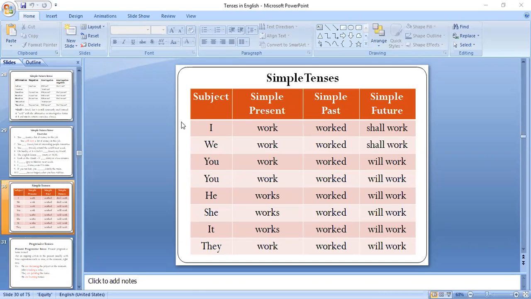And for simple future, what will we do? We will add shall or will before that verb. Okay, so I shall work. This is the simple future form of the tense.